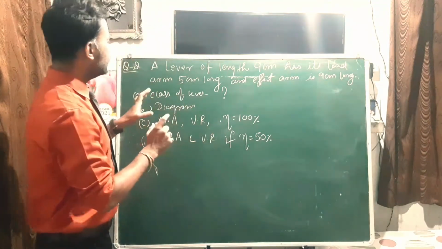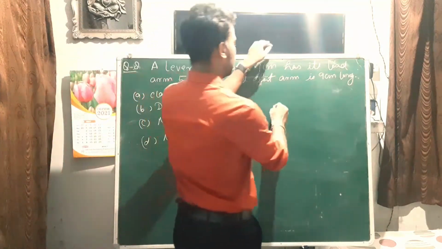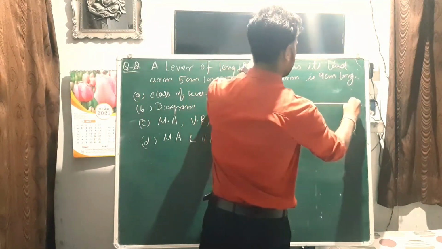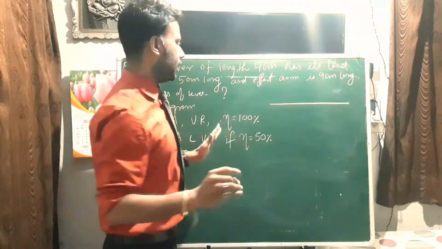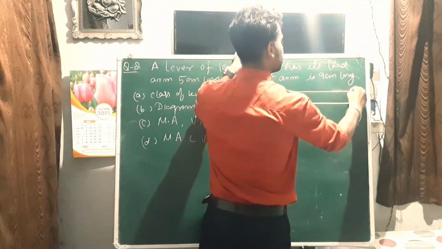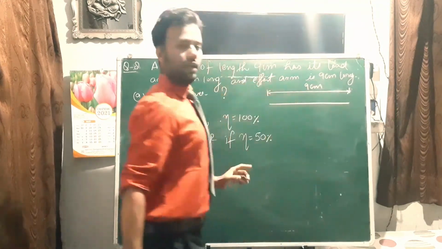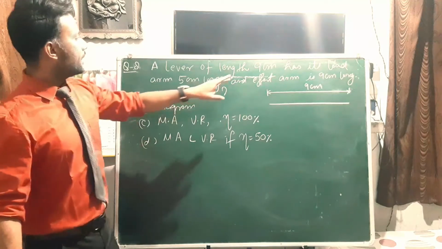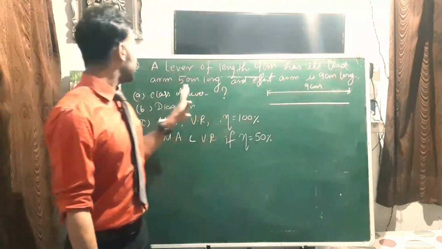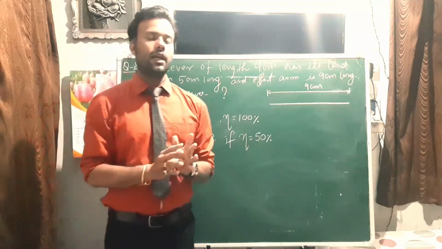Now, see here that a lever of length 9 centimeter means the total length of the lever is 9 centimeter, right? So let's say this is 9 centimeter. Now it says it has its load arm 5 centimeter long. And what is load arm?